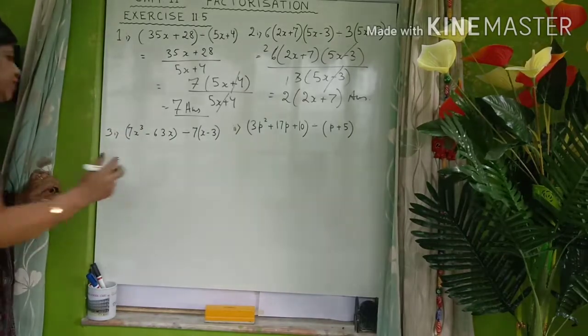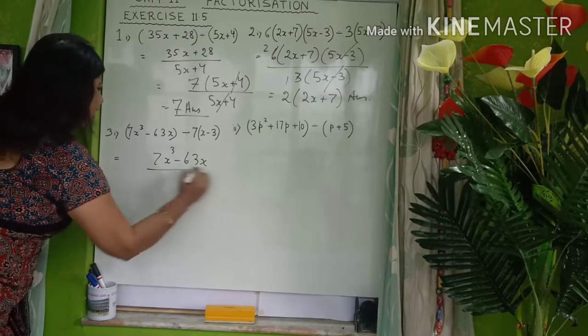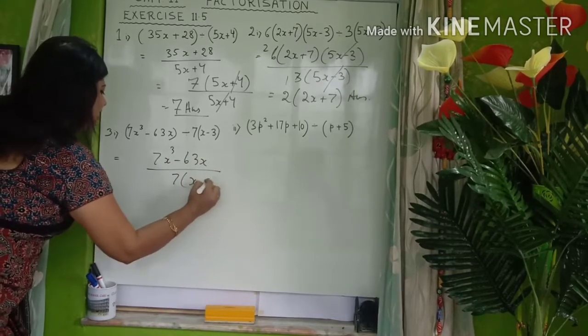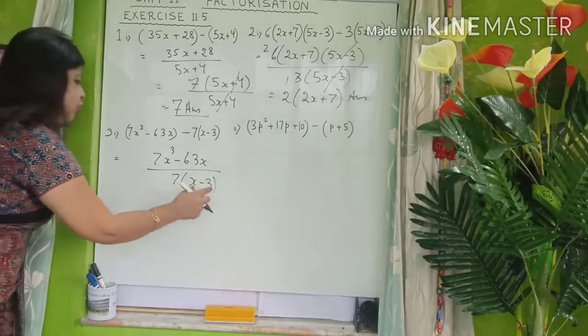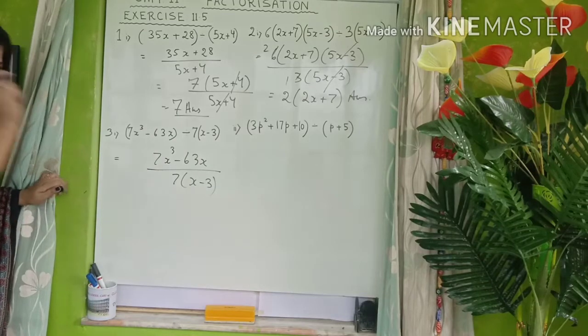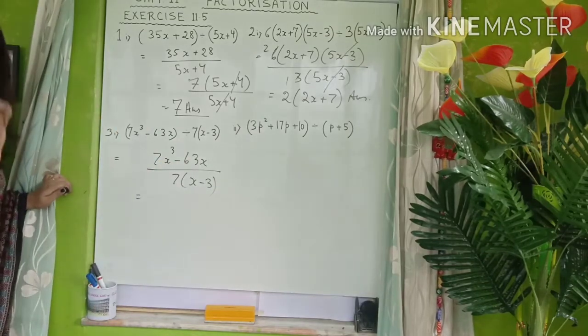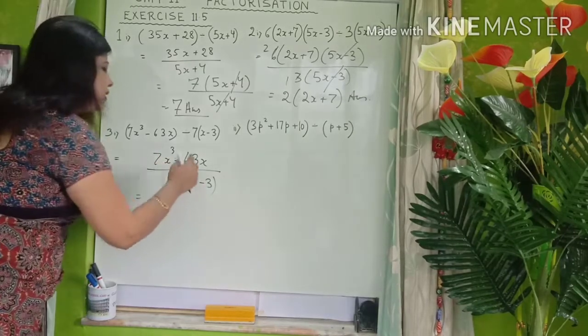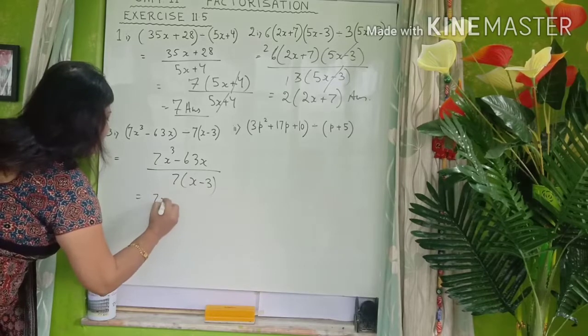Here in the next question you see 7x cube minus 63x divided by 7 into (x minus 3). So what we have to do here? We have to bring this x minus 3 over here so that we can cancel off. Now what is the HCF, the highest common factor of 7 and 63? Naturally it is 7. What is common here? 7x.